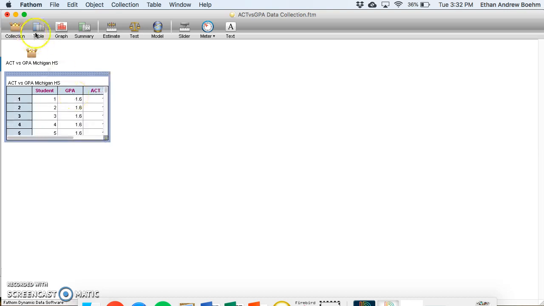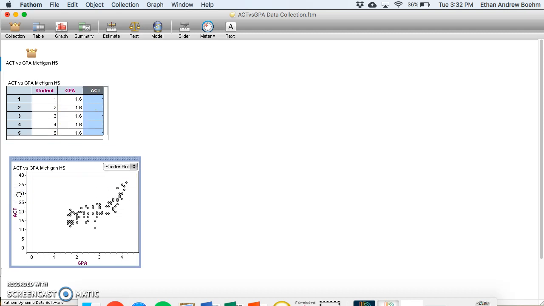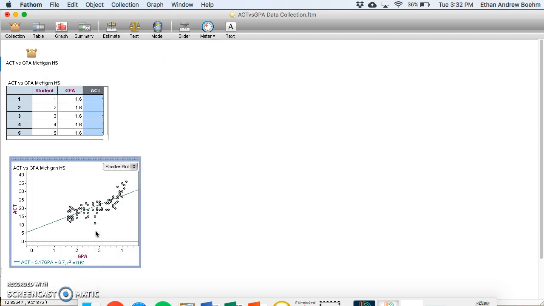We can look at that in a table, or in a graph, where GPA is the explanatory variable and ACT the response variable. If this is our whole population of data, which it is at this point, we're going to look at the population regression line.